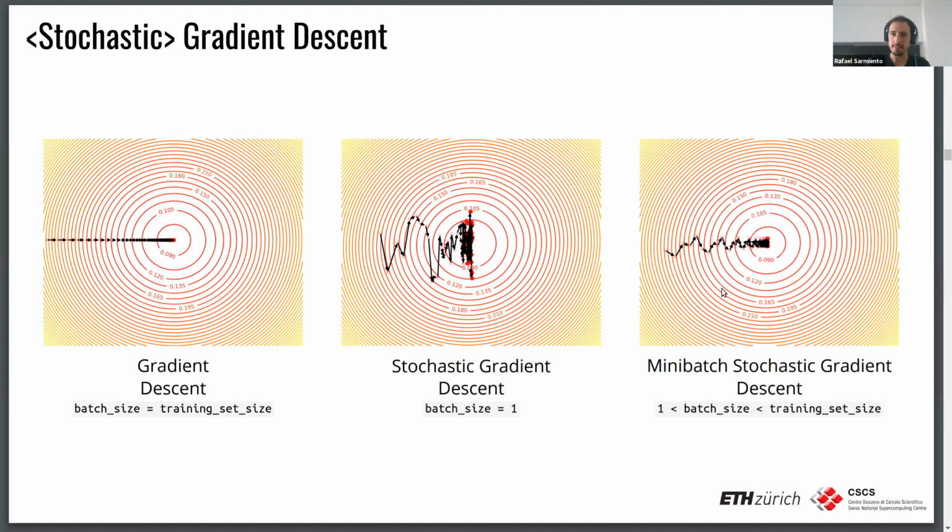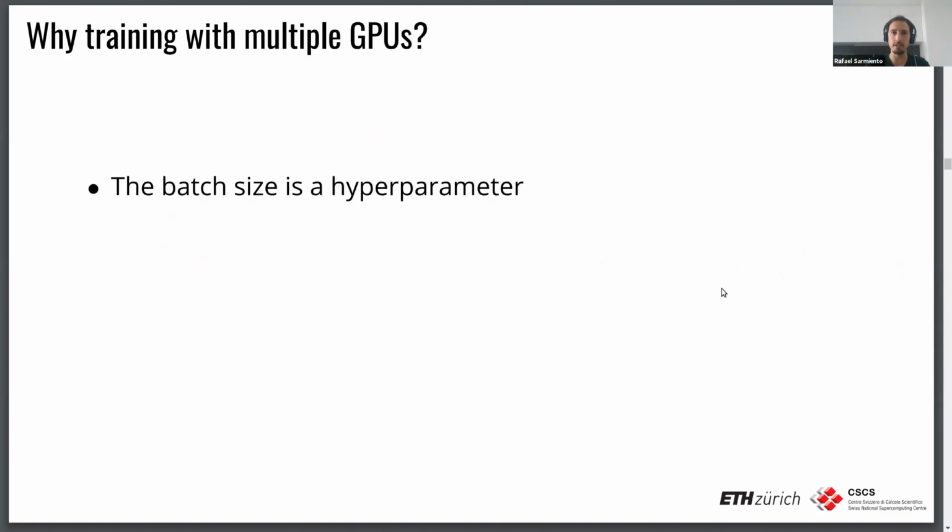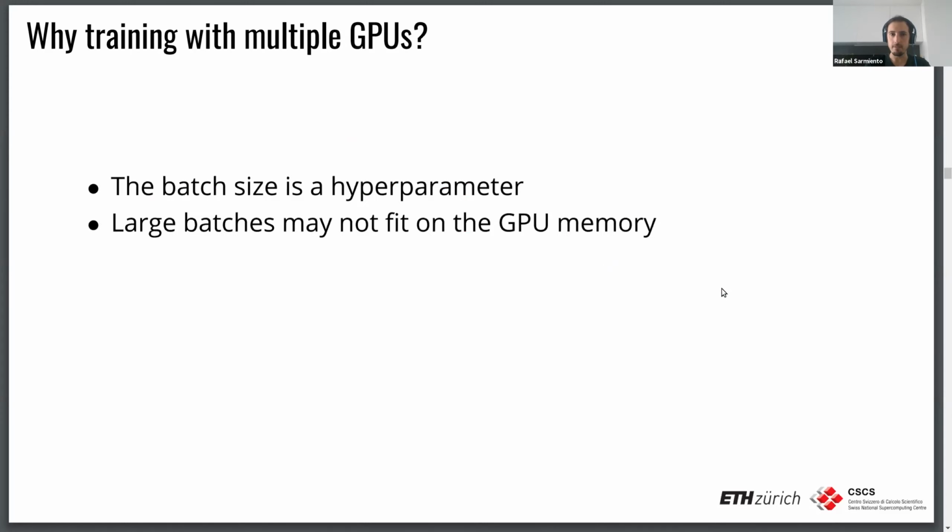And this led us to why training with multiple GPUs. The batch size is a parameter for which you have to find the best value, and if you have a very large model, when you are studying the best batch size, you will arrive at the point where the batch is not going to fit on the GPU memory. In that case, there's nothing you can do except add more memory, and adding more memory is adding more GPUs.